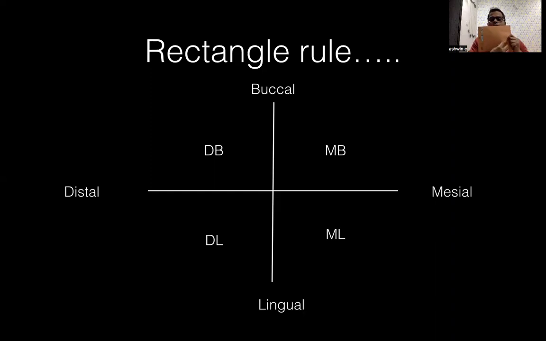This will be your distolingual quadrant, and this will be your distobuccal quadrant. Understood? So the molar, which is rectangular, we are dividing into four parts, and those four parts are named according to the cuspal side or the sides where they belong. Understand?